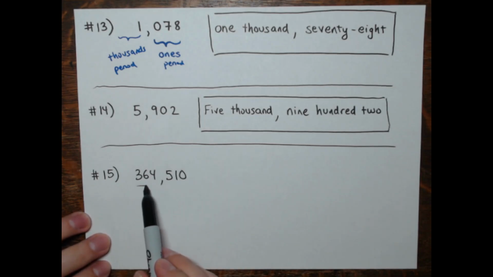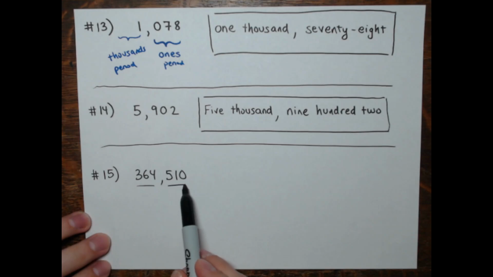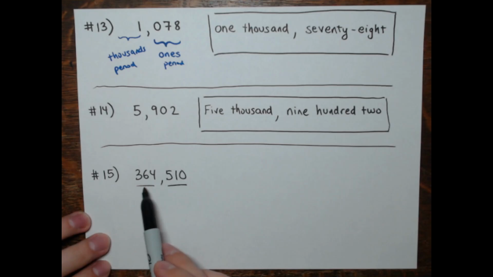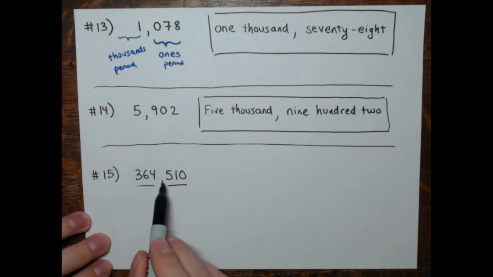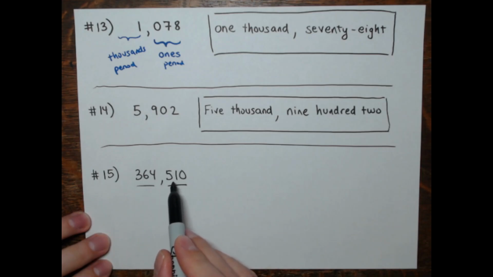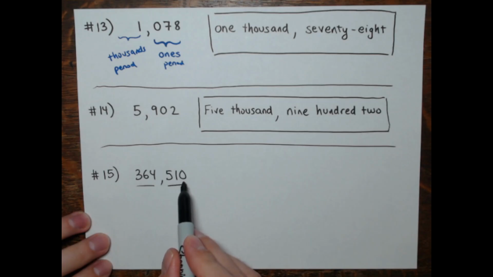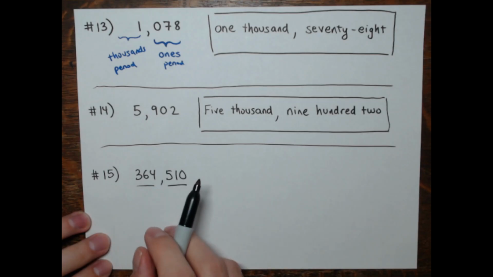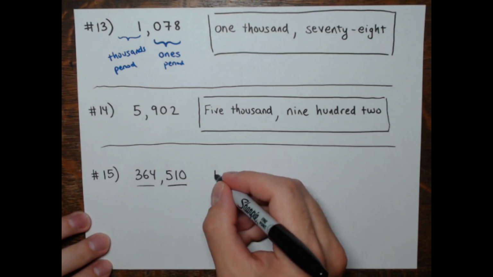So again, this is the thousands period, then the ones period, right? The ones to the far right, then the thousands to the left of that. So we have 364,000, comma, 510. That's it.